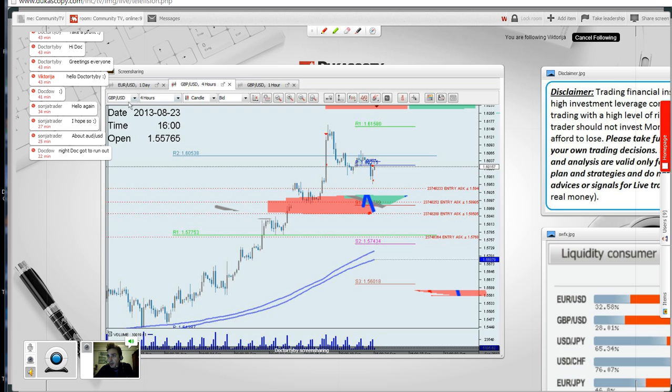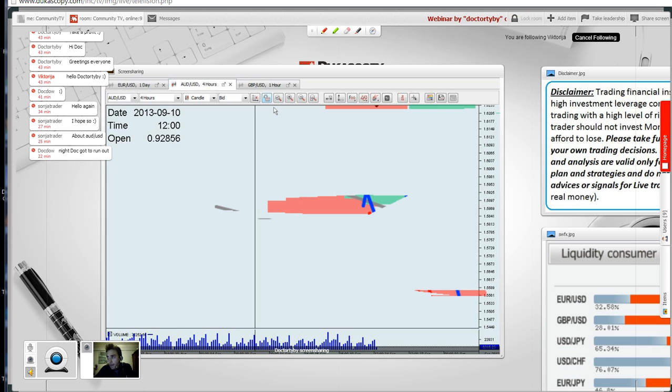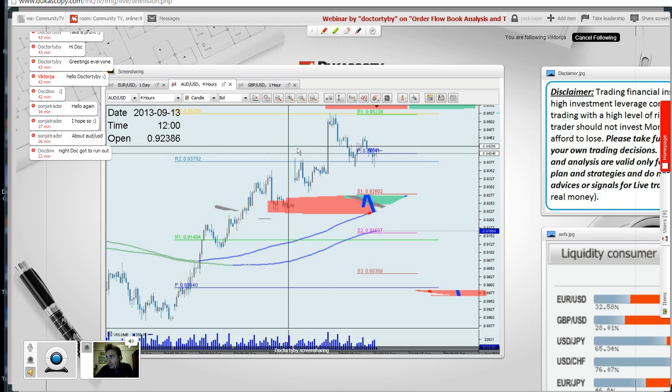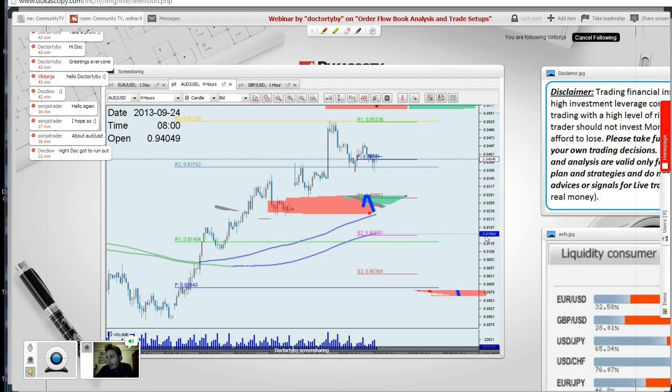Okay, let's move on to Australian dollar. We'll talk about Australian dollar on the 4 hours chart, which also has a gap from 0.89, a gap from 0.9250.